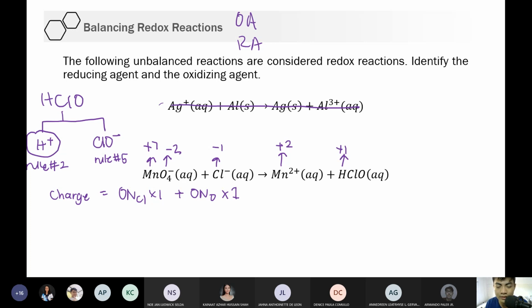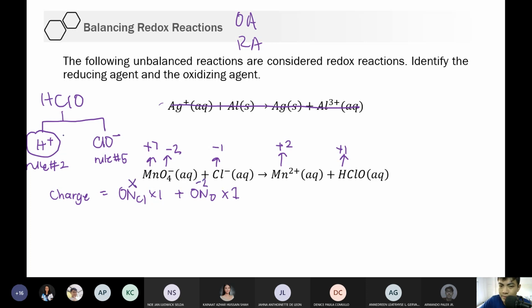When your chlorine is not bonded with oxygen, -1 yun. Pero kapag bonded siya with oxygen, hindi siya -1. Okay? So, meaning, X ito, negative 2. Okay? So, ganun ha. Kapag yung halogen mo, kapartner niya si oxygen, X agad siya.